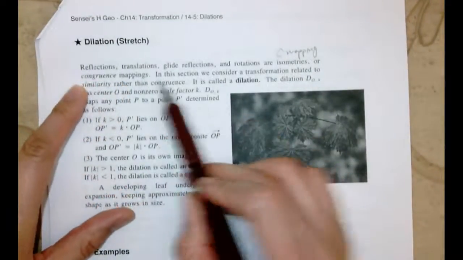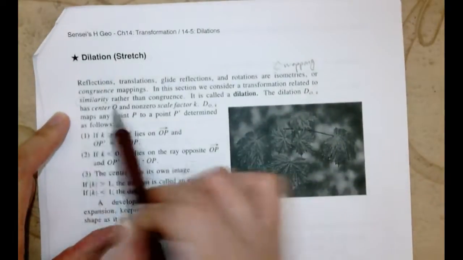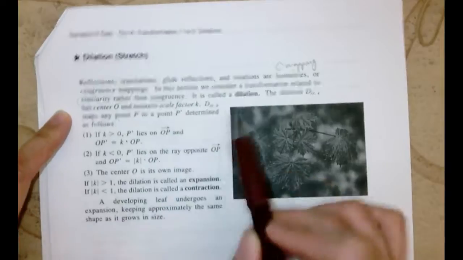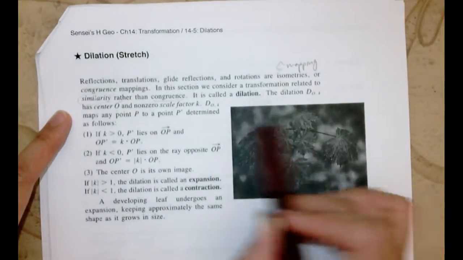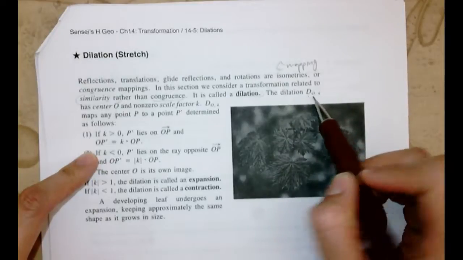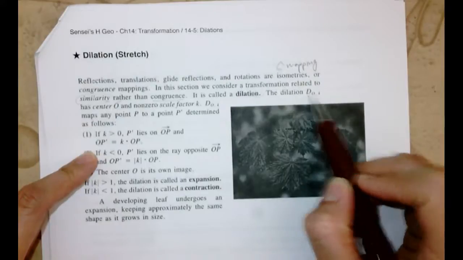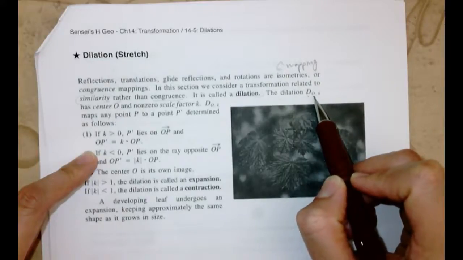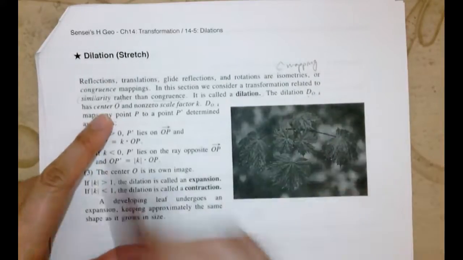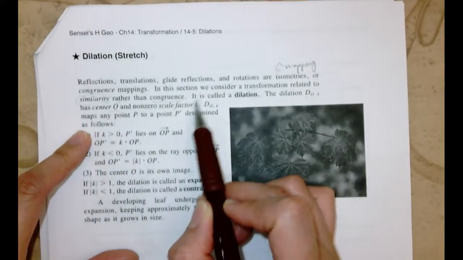All right, in this section we consider transformations related to similarity rather than congruence. It is called dilation. The dilation D_{O,k}. So D for dilation, O is the center, and it has non-zero scale factor k.